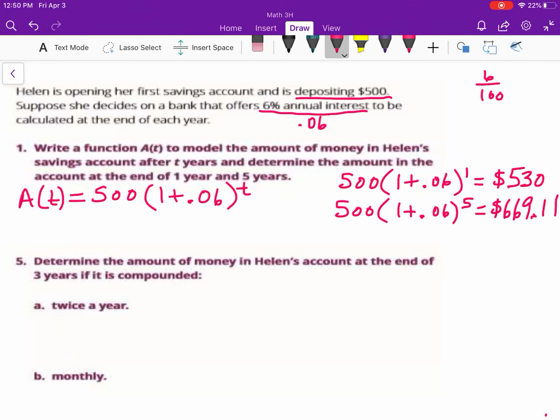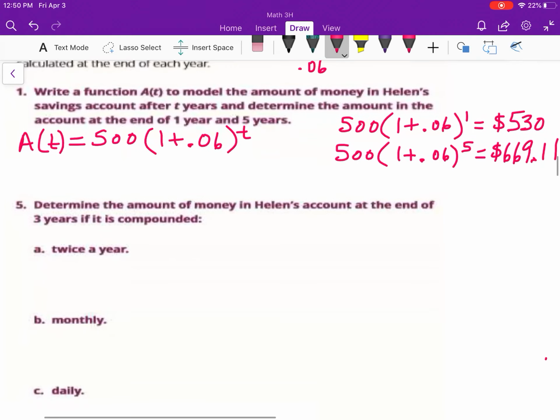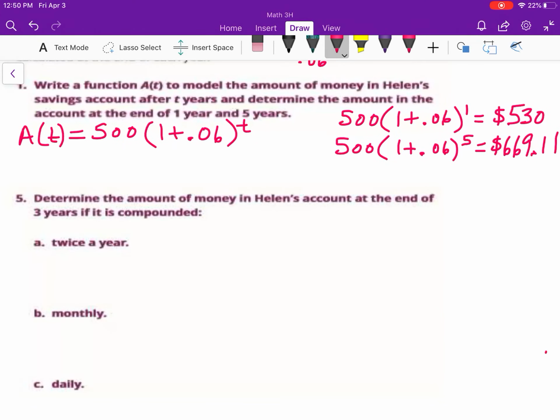Now, it wants us then to determine the amount of money in Helen's account at the end of 3 years if it's compounded twice a year. Well, this formula now is A of t equals 500 times 1 plus, here's the major difference, the rate over the number of times compounded, where in this case it's twice.